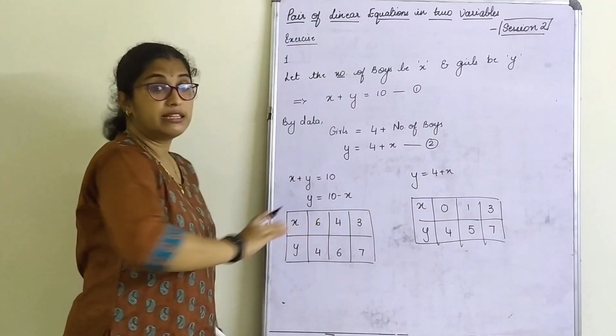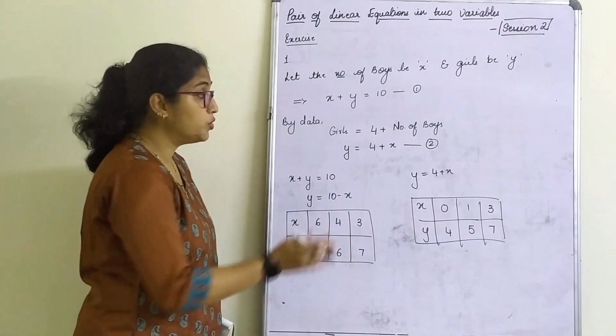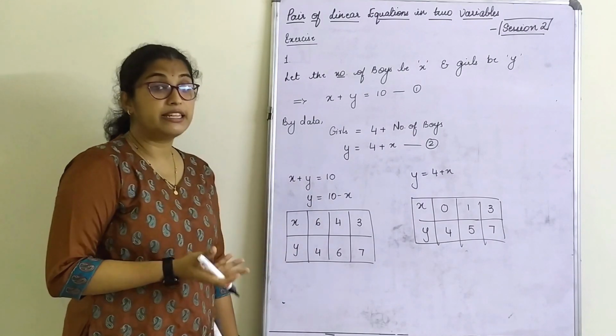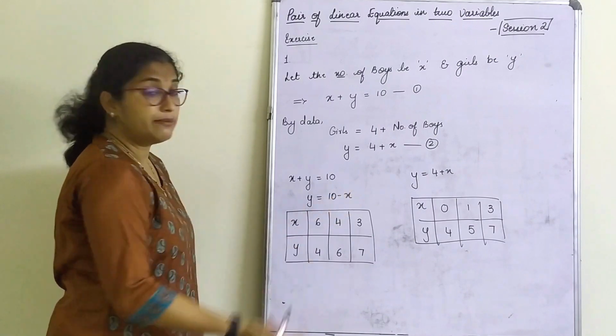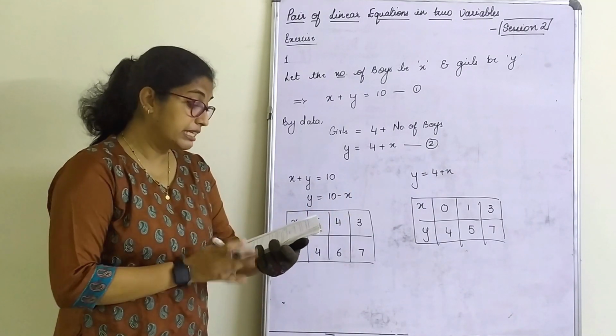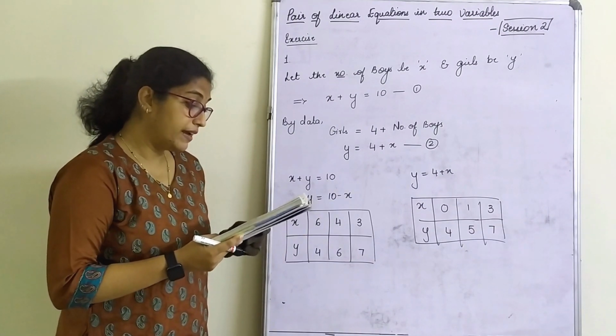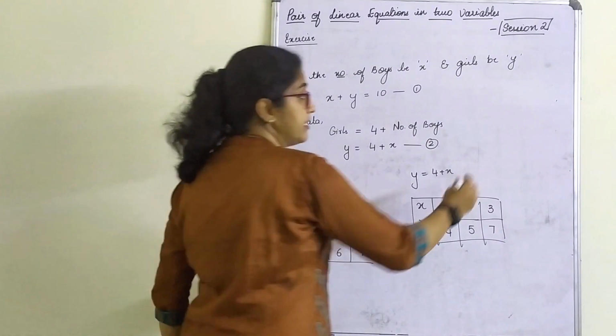I have given you all the tabular column, ready-made things are given to you. Your work is to only plot the graph in the graph paper using appropriate scale. Tabular columns are there. Using the scale, appropriately plot it, give the conclusion. So what have they asked? Find the solution. Now the graph will intersect at one point.